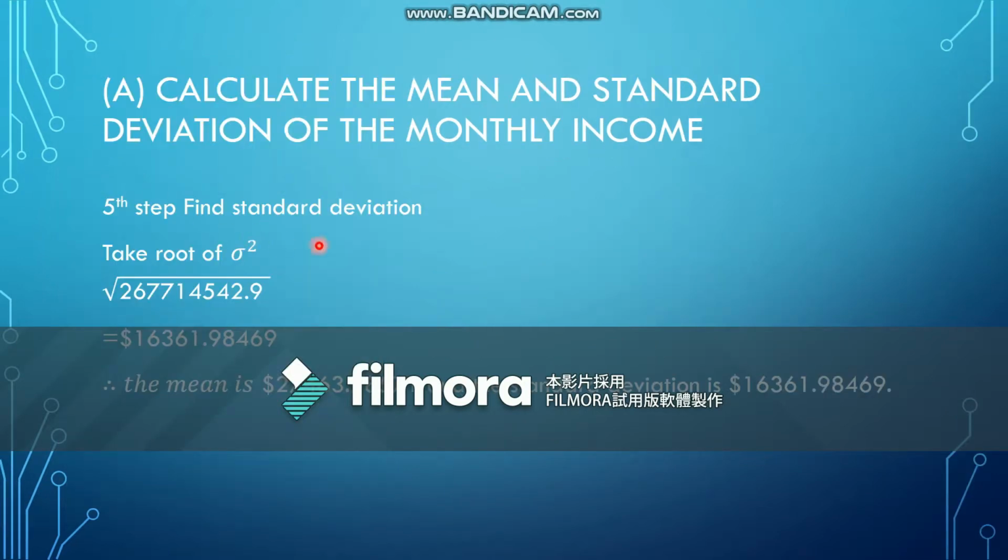The last step to find the standard deviation is to take the square root of the variance, and we can get the answer of $16,361.9. So here are the ways to find the mean and the standard deviation.